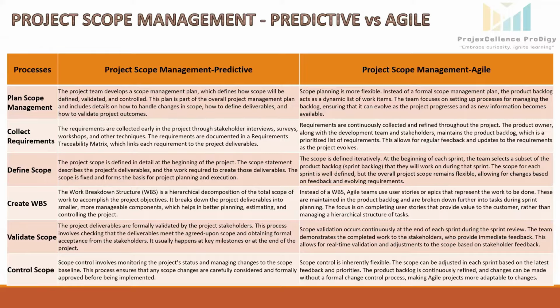We call them sprints. So each sprint begins with a planning session where the team decides what to work on next based on the current priorities. Just assume you are developing a new mobile app.